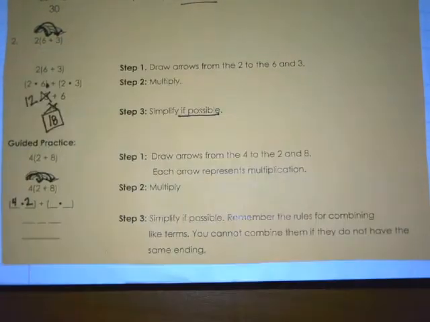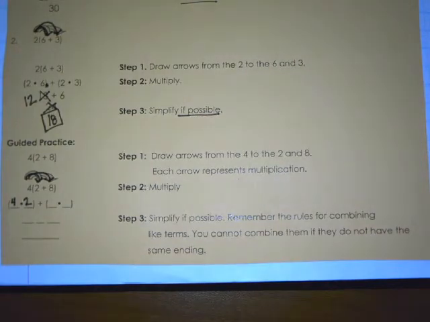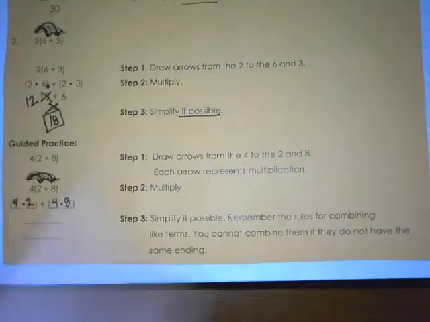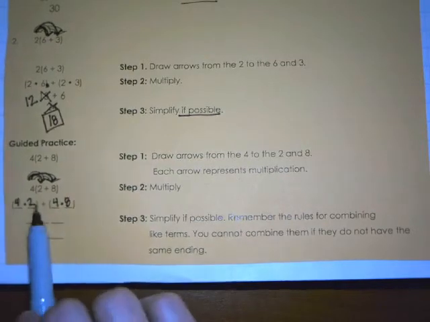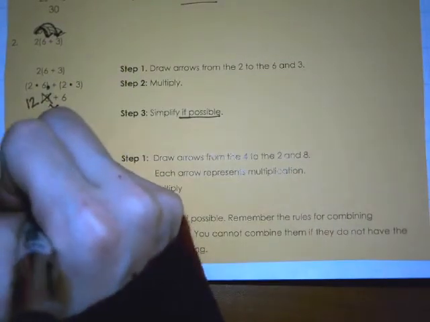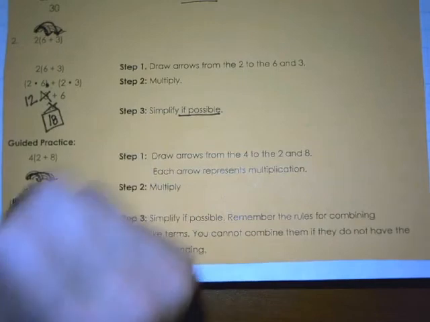Then we draw our second arrow. And what are we doing there? 4 times 8. So we're putting 4 times 8 inside parentheses. Now actually do the multiplication, guys. What's 4 times 2? And what's 4 times 8?